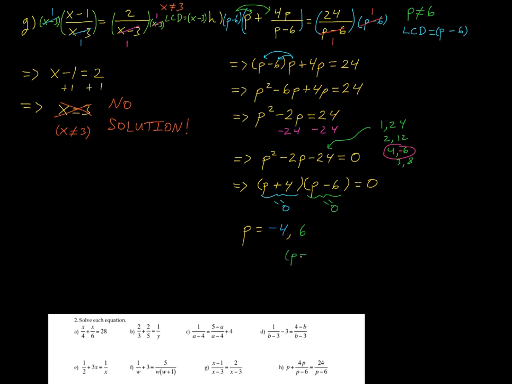So here, since we had to restrict 6, we're going to toss that out. So in other words, now we wouldn't say no solution. We do have a solution of -4. That works. But we are tossing out the 6 because, again, if I plug 6 into this original equation, it would give me a division by 0. So that would be a problem.